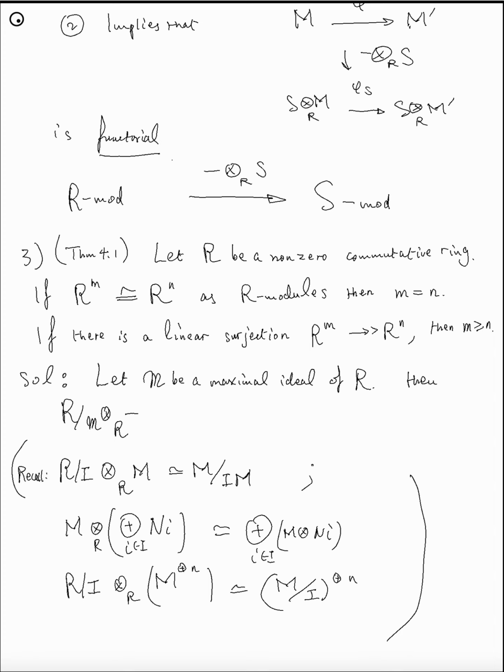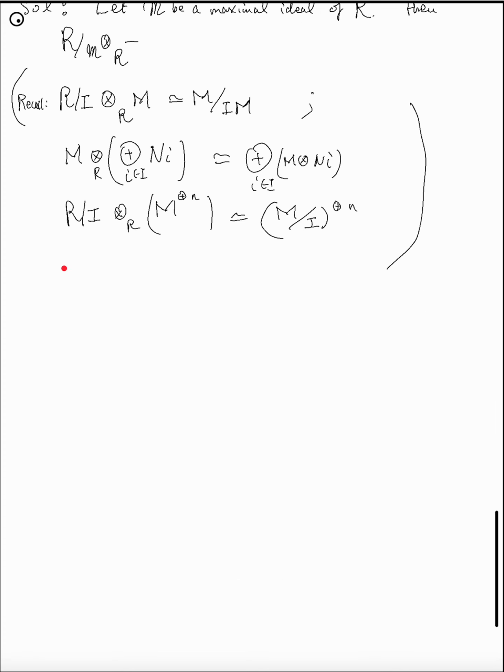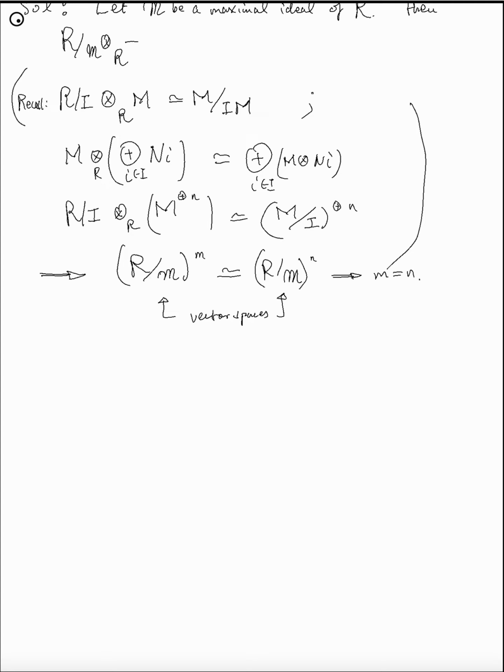And so in particular, when you apply this, this tells you that R/m to the m is isomorphic to R/m to the n, but these are just fields, so vector spaces. Vector spaces are isomorphic if and only if they have the same dimension. This tells you this is true.